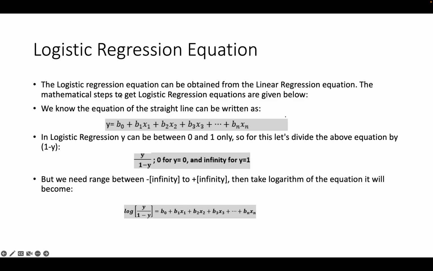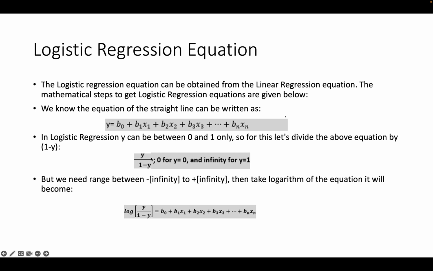So the logistic regression equation can be obtained from the linear regression equation. The mathematical steps to get the logistic regression equation are given below. So there's this equation: b0 + b1x1 + b2x2 + b3x3 + ... + bnxn. We know the equation of the straight line can be written like this. In logistic regression, y can be 0 and 1 only. Okay, it is bound to be 0 and 1. So for this, let's divide the above equation by 1 minus y.